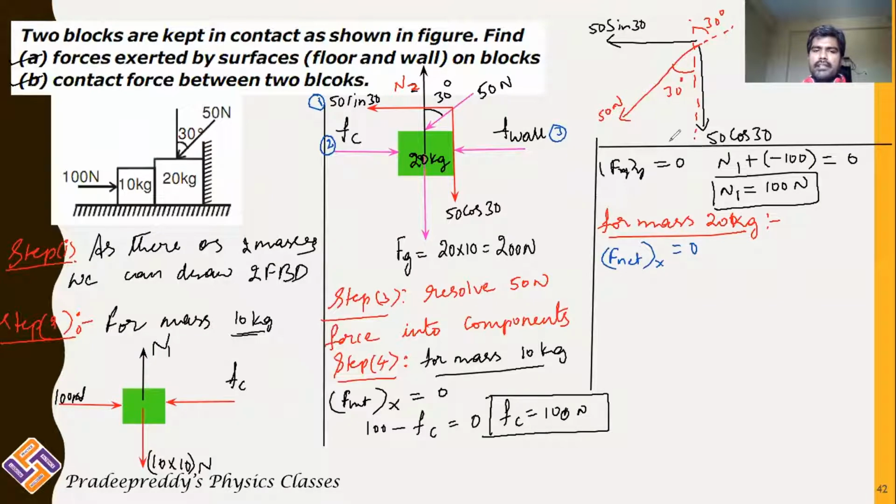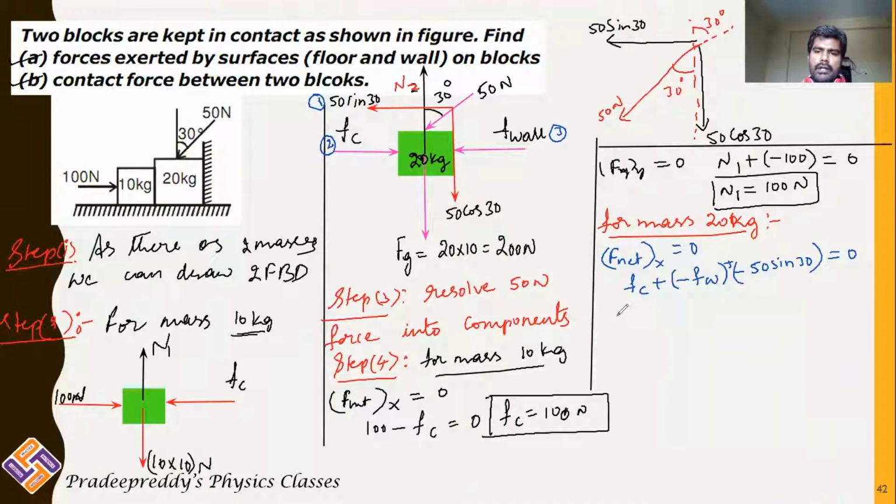Now right side acting forces, you take it as positive, left side forces take it as negative. Right side there is number 2, contact force. I consider it as positive. So it is plus Fc. Left side there is wall force, minus Fw. And next left side 50 sin 30, minus 50 sin 30 is equal to 0.